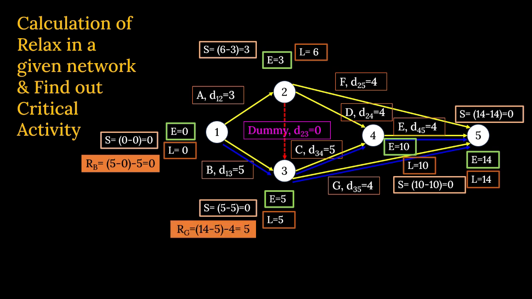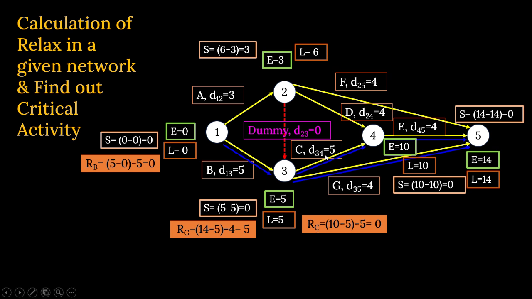Next is relax of G. Latest finish time is 14. Earliest start time is 5. So 14 minus 5 is the time period provided, minus the duration. Duration is 4, and so here the relax of G is 5. So it is not 0. It is more than 0.